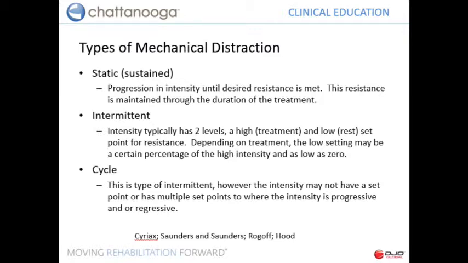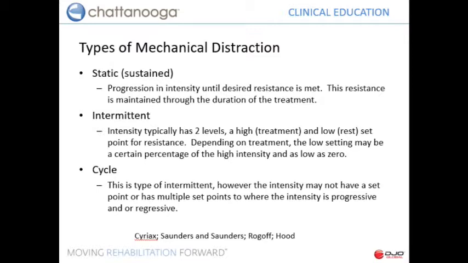And then it may actually go back down, or you may start at a higher intensity and it reduces, say, from 50 to 45 to 40 to 35 to 30, and so on, at a desired duration. So you may hold that for 10 seconds, 5 seconds, 20 seconds, whatever the case may be.